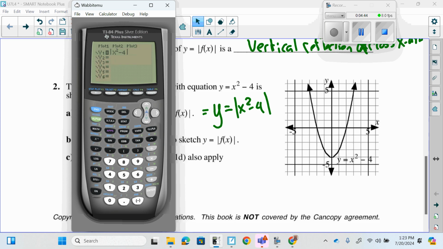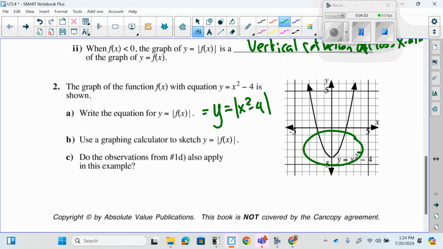Oh, there it is. And again, all that would happen is this part down here flips up. So this was like -4, it's going to become +4. -5, +5. So it's just going to do that. So my final graph, when I draw the whole thing, is going to come on this part down to here, flip up, and then back up here. So that's how the absolute value works.